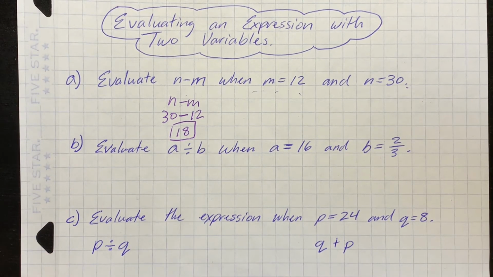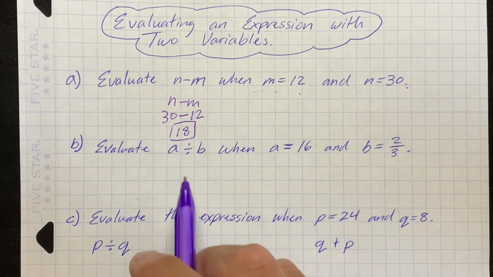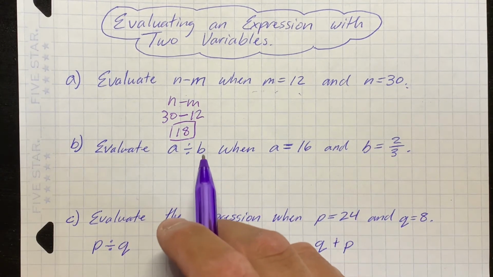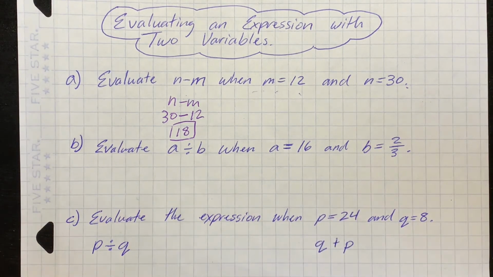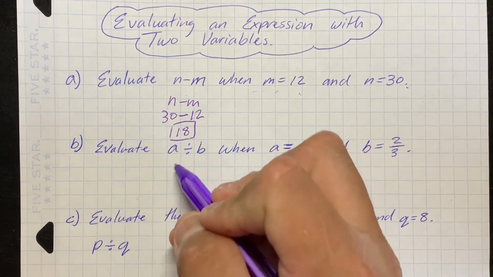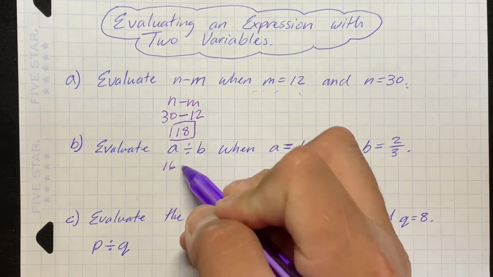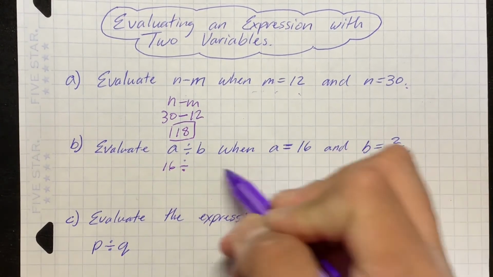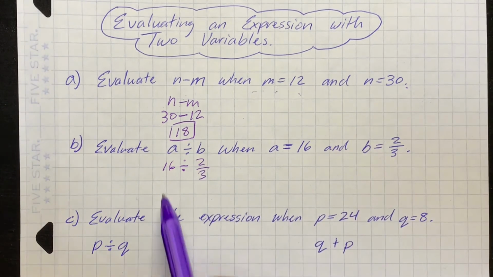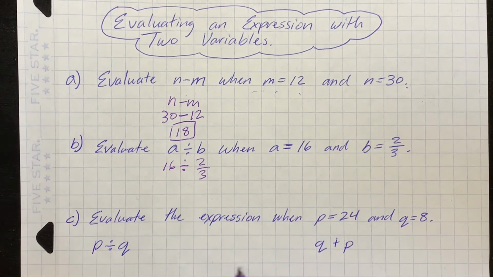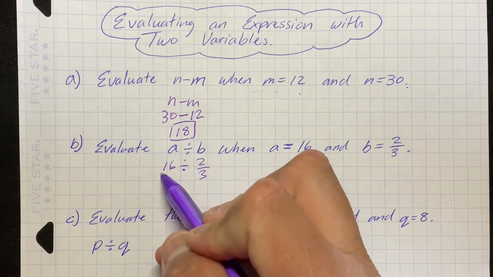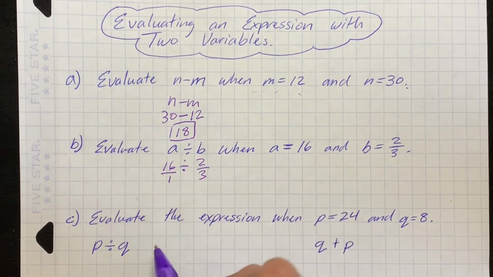All right. For b, we're going to evaluate a divided by b when a equals 16 and b equals 2/3. So a here equals 16 divided by b, which is 2/3. Now again, we're going to divide a whole number by a fraction, and we went over that last time in chapter 2. Okay, so all you do here is turn your whole number into a fraction by putting a 1 underneath of it.